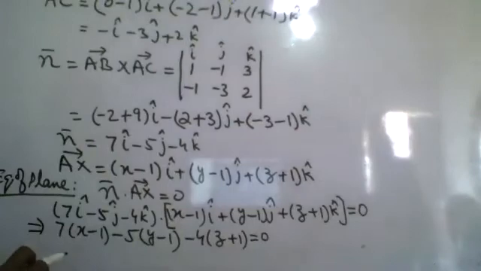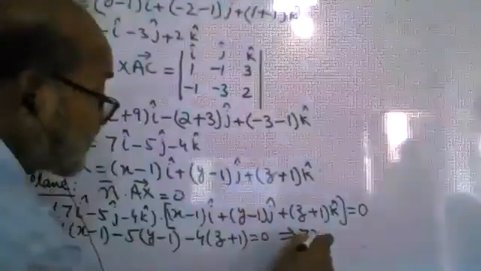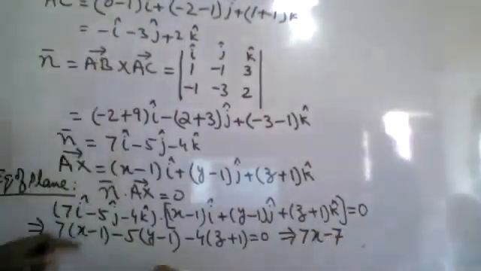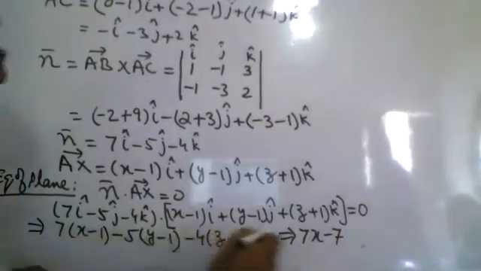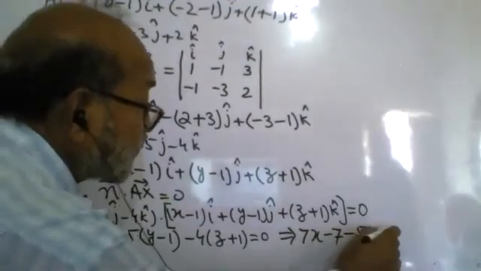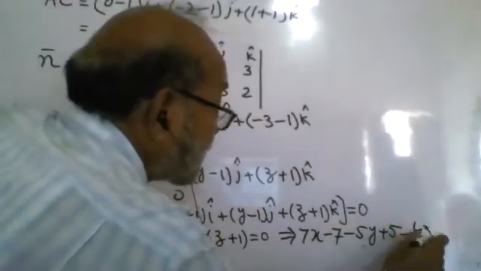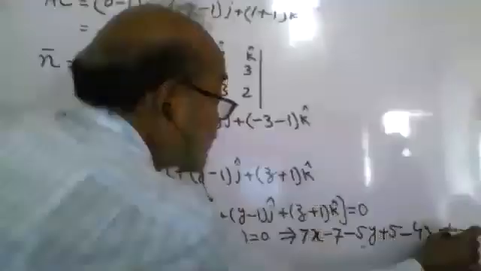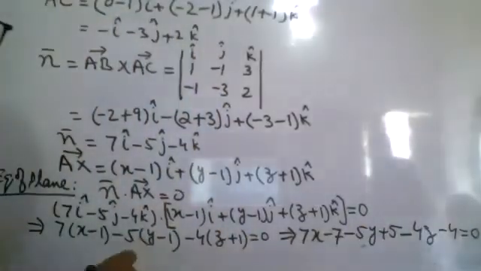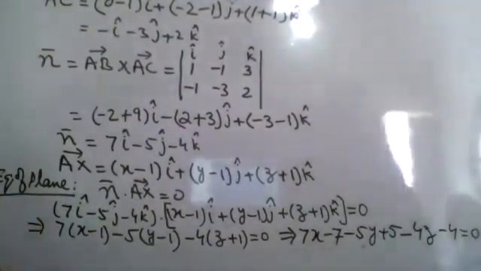Further simplify. It becomes 7x minus 7 minus 5y plus 5 minus 4z minus 4 equal to 0.